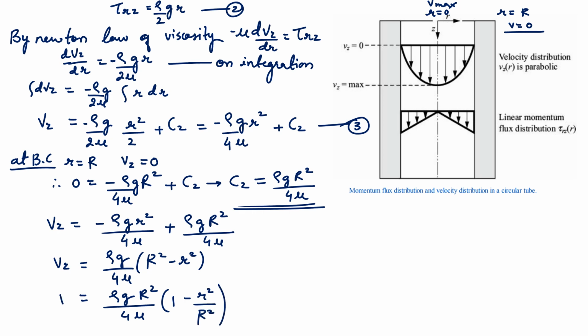So see, this equation is also parabolic. Therefore the velocity profile is showing me a parabolic equation, and thus it's parabolic in nature. Velocity distribution is parabolic.